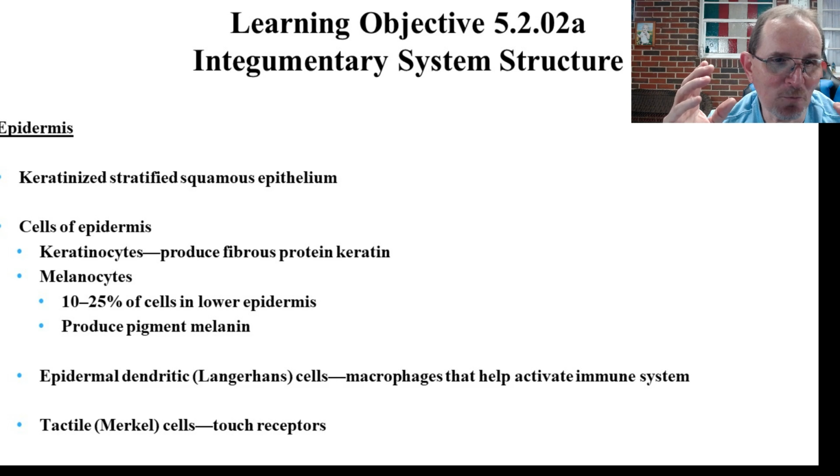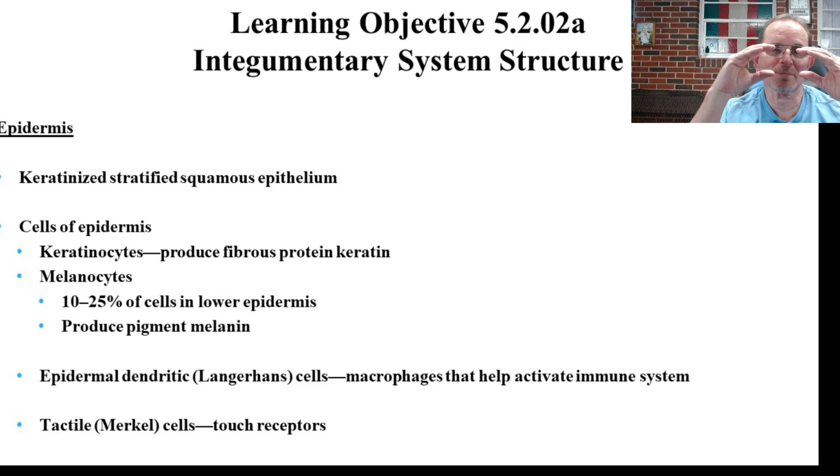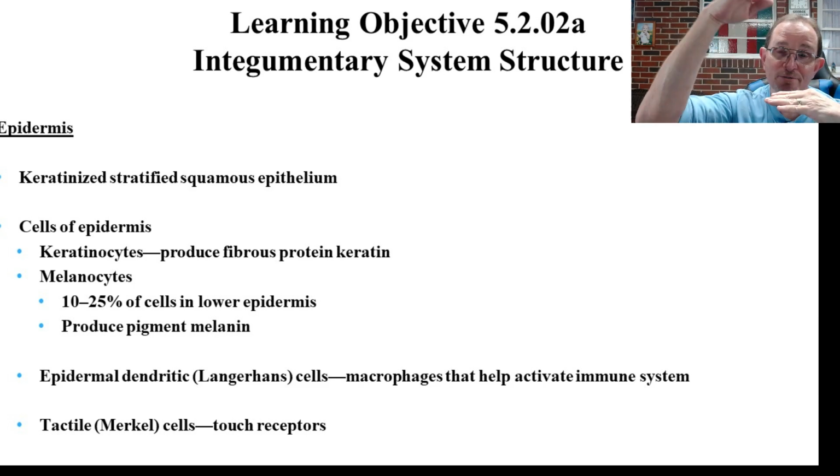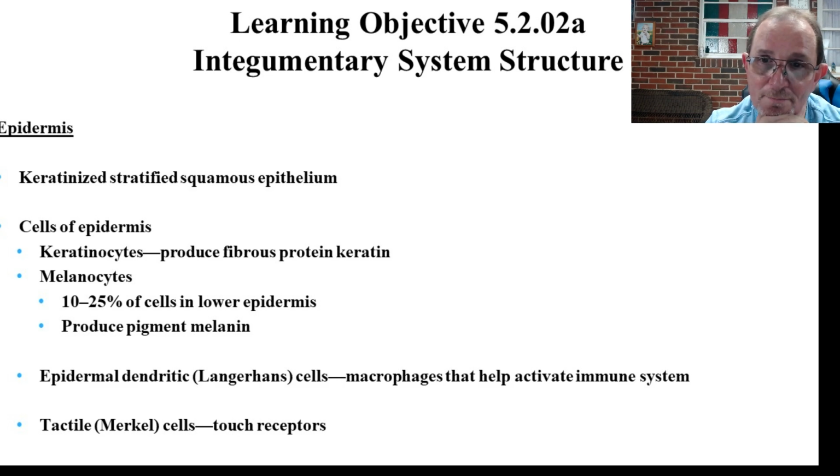So we produce this keratin in the skin cells, and eventually, as the skin cells go further and further away from the bottom, they're going to die because there's no oxygen and no food reaching them, because you can only diffuse about 10 cell layers high, and after that, there's nothing left.